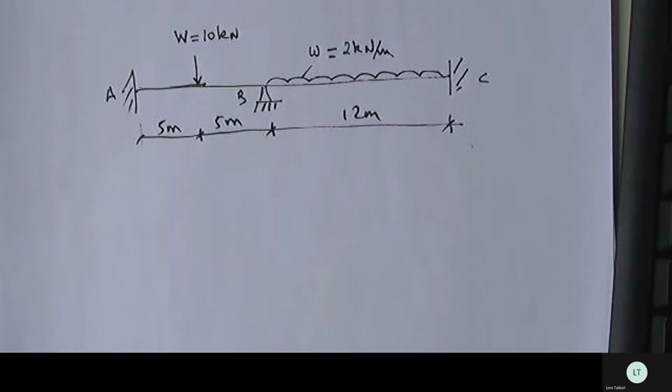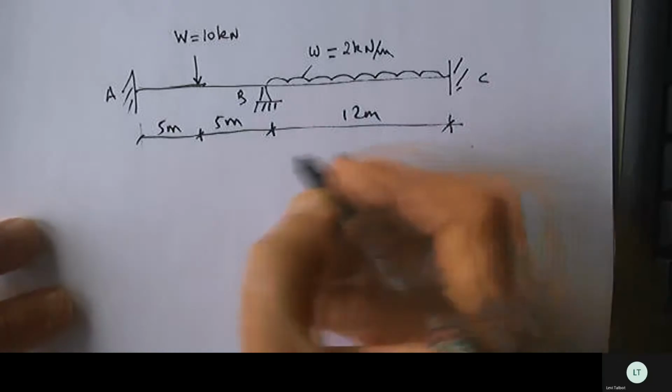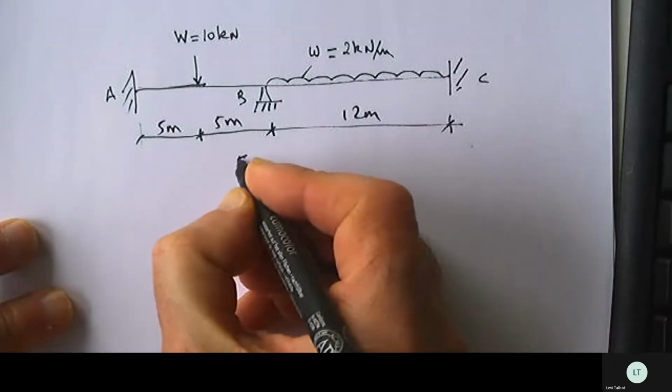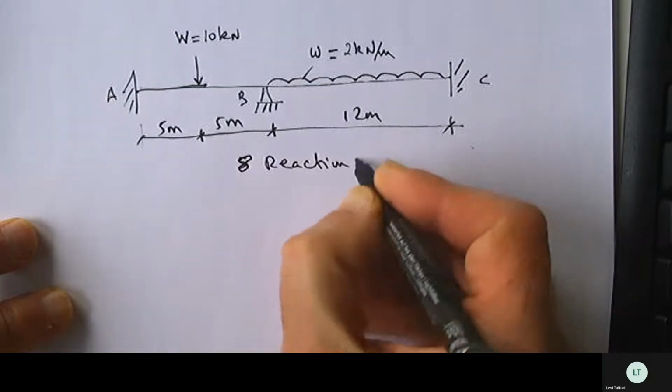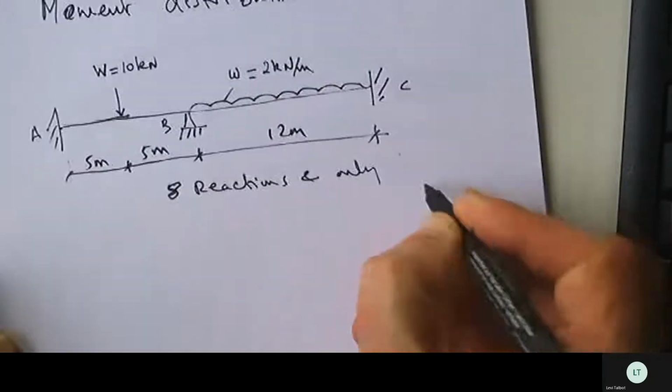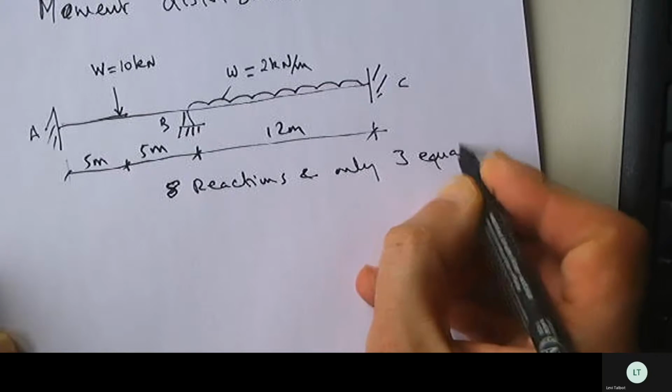reactions, and there are only 3 equations of equilibrium. So we have got 5 too many. Is that okay? Yeah? So we have 5. We have a total of 8 reactions, and only 3 equations of equilibrium.